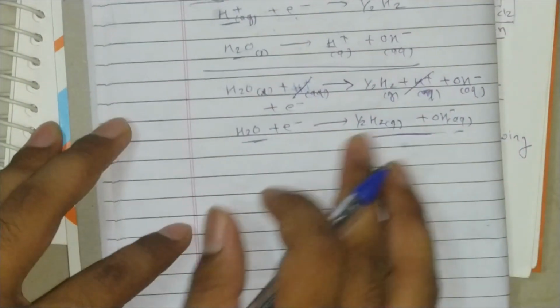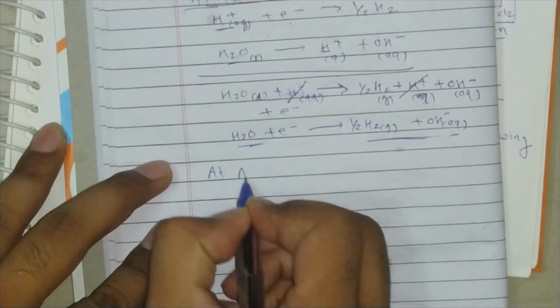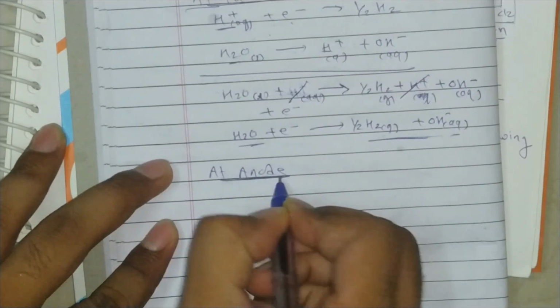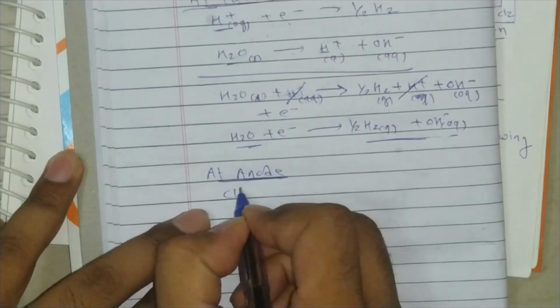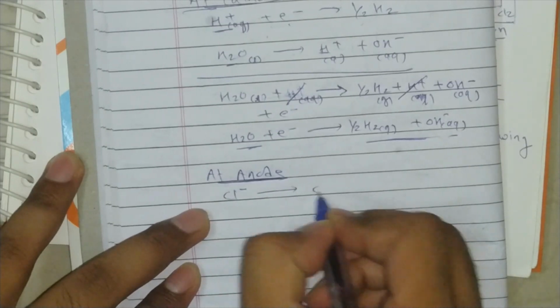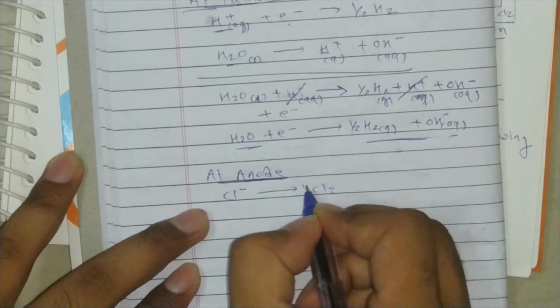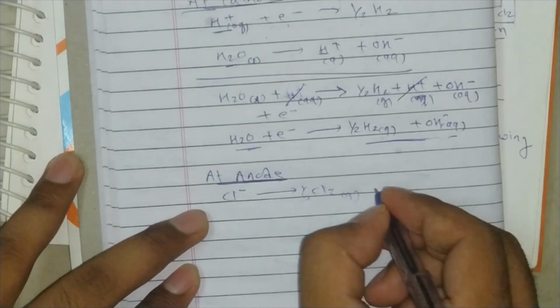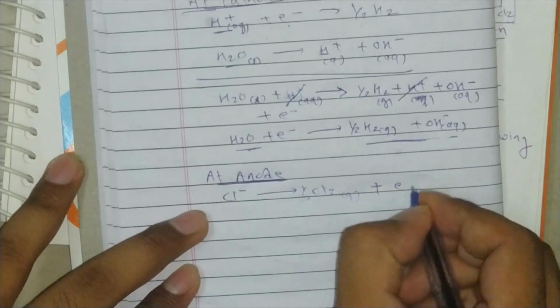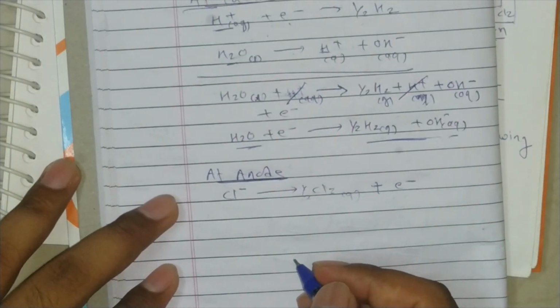So now we will look at the anode. At anode we know there is a formation of Cl2 gas. So Cl minus ion gives half Cl2 gas plus 1 electron, correct?